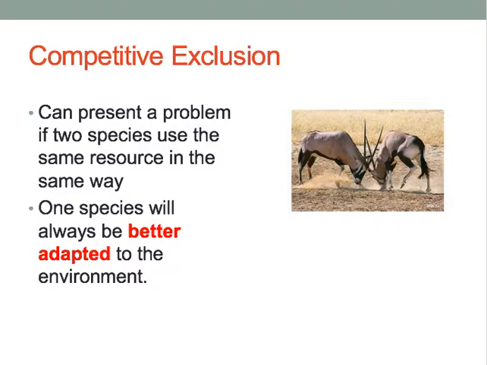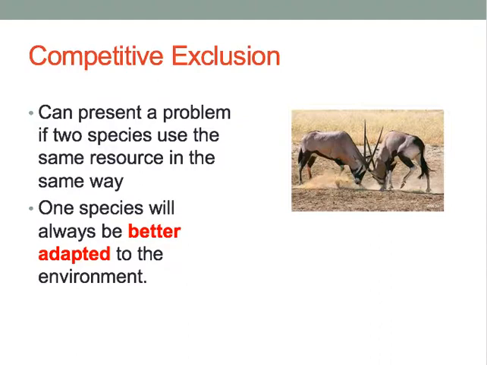So competitive exclusion. Now we're getting to how organisms interact with each other. Competitive exclusion is basically, we're talking about competition, and the stronger is going to survive, or it's going to take over that environment.